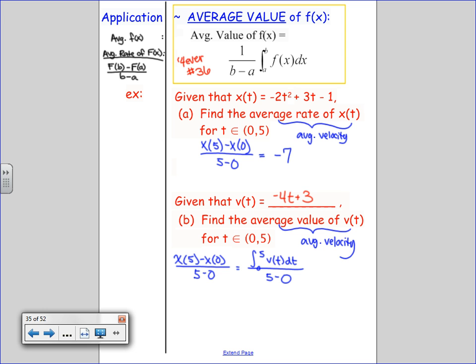And this is average velocity, average rate of change of position. But if I don't have position, I can get to position if I have the rate formula by going backwards, by integrating. If I have the derivative, change in antiderivative is just integrating. It's a little bit confusing, but guys, it'll be the exact same thing as -7.